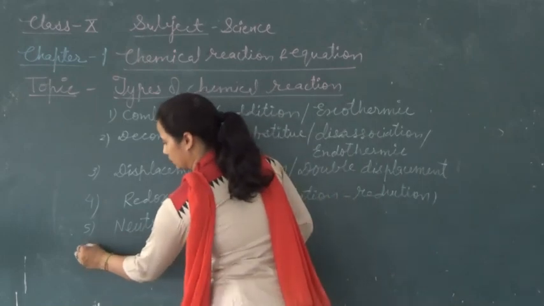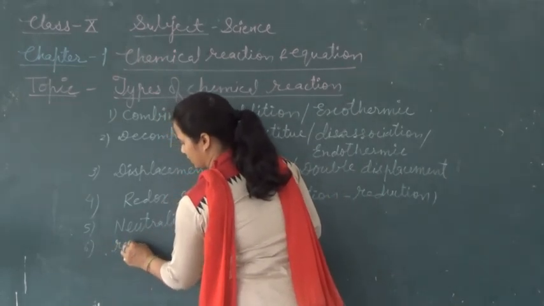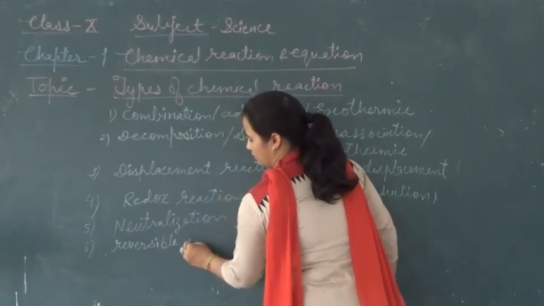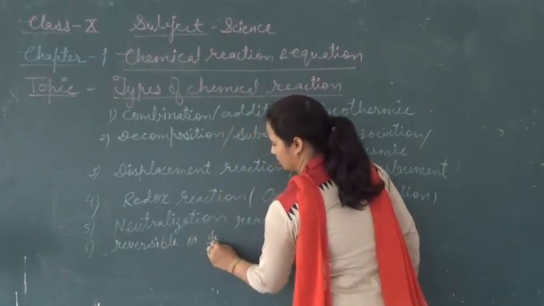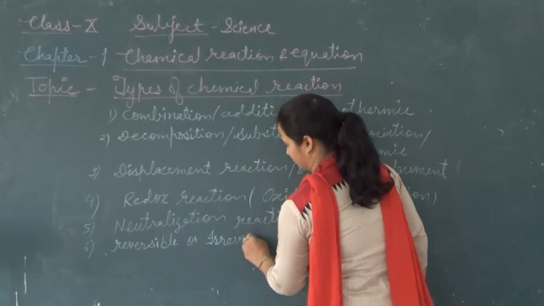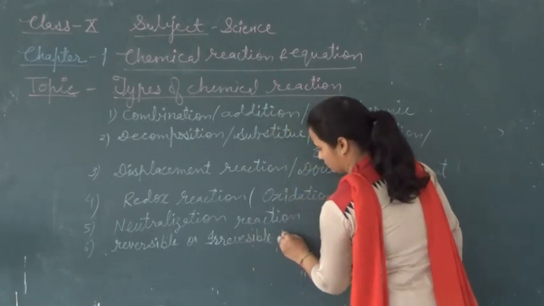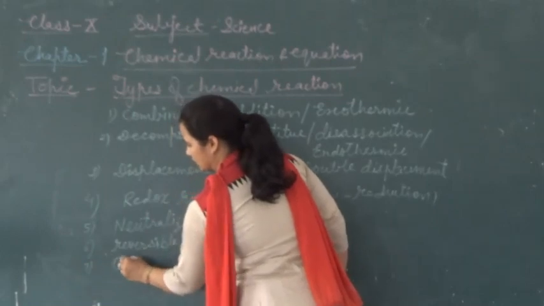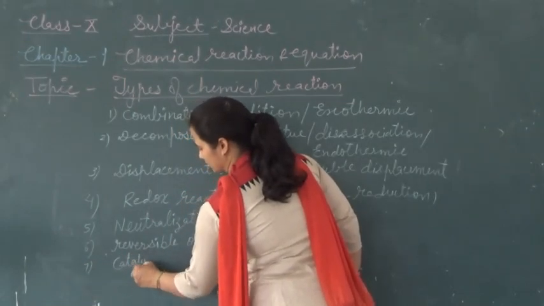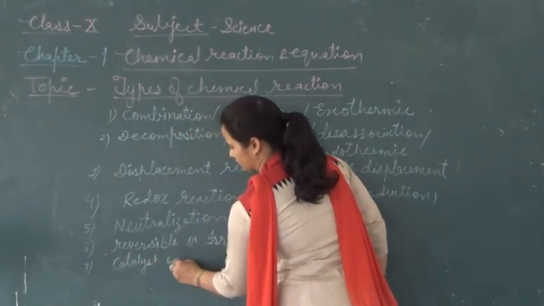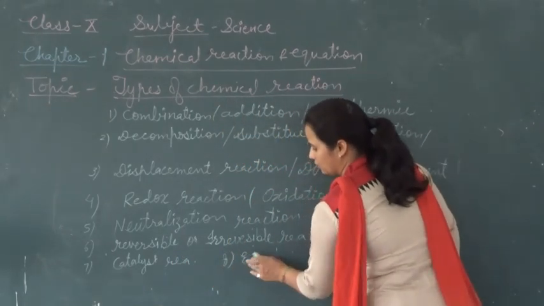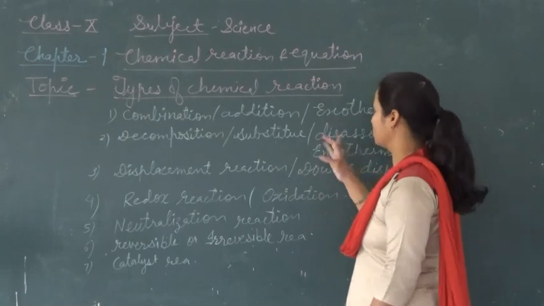Another one is reversible or irreversible reaction. Another one is catalyst reaction. Next one is also exo and endo, that is mentioned here.